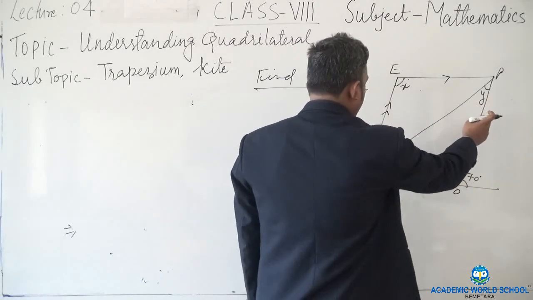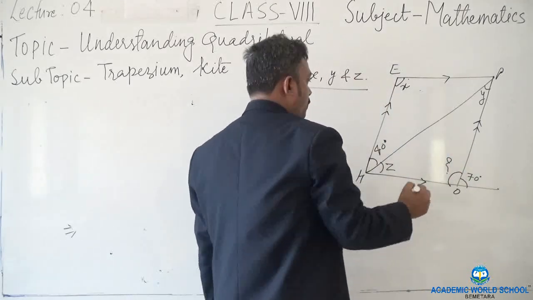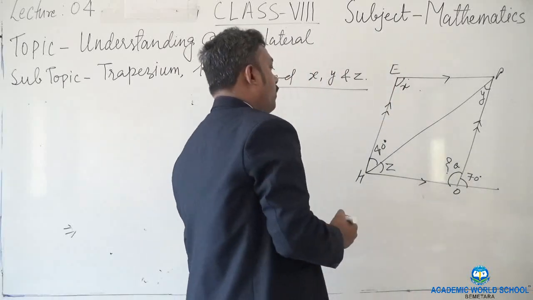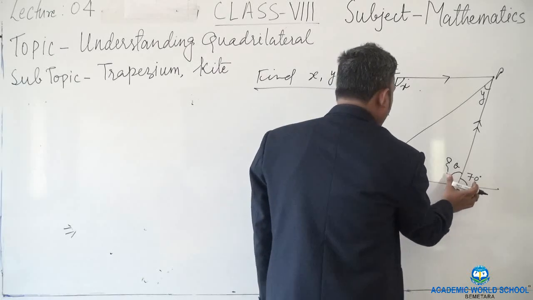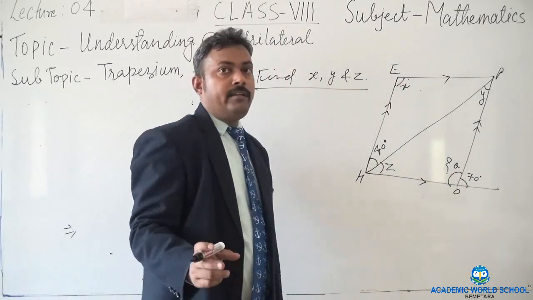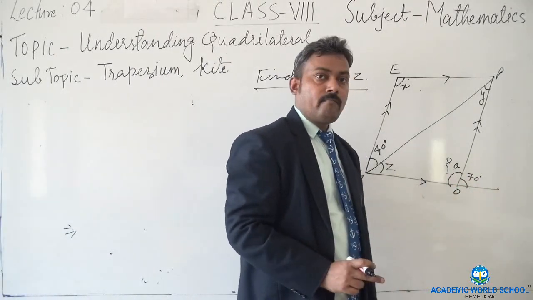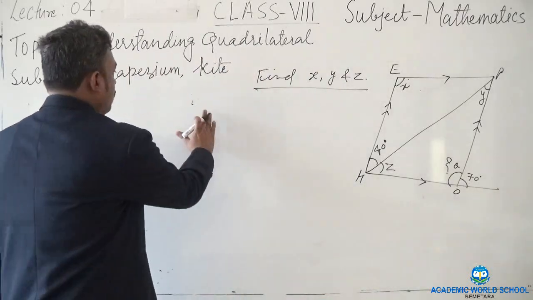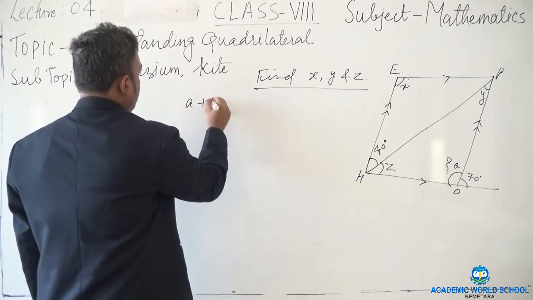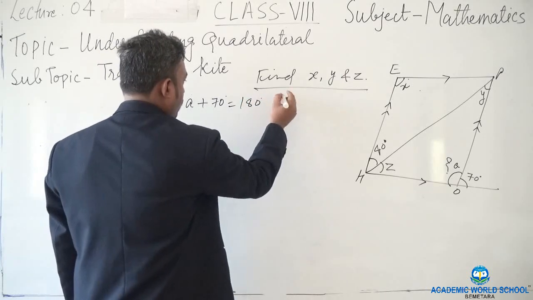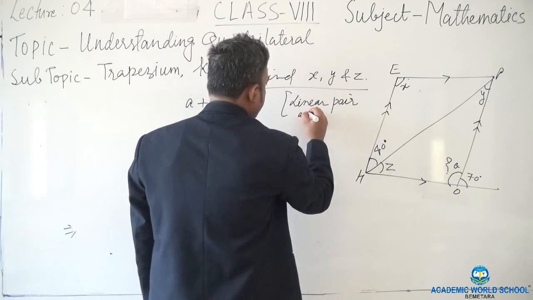First let us find this angle. Suppose this angle is A. These two angles are making linear pair angles, and we know that the sum of linear pair angles is 180 degrees. So A plus 70 degrees equal to 180, because they are linear pair angles.